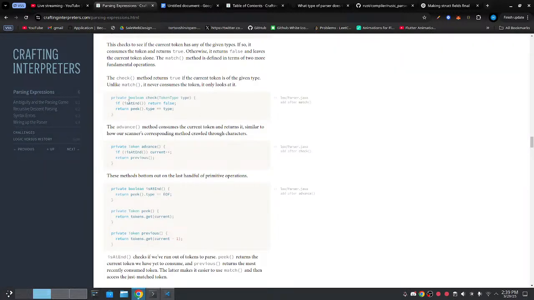I'm wondering why we are writing all these methods once again, like the check, the previous, the peek, is at end. All these are already implemented in the Lexer library, right? So why are we doing this here?